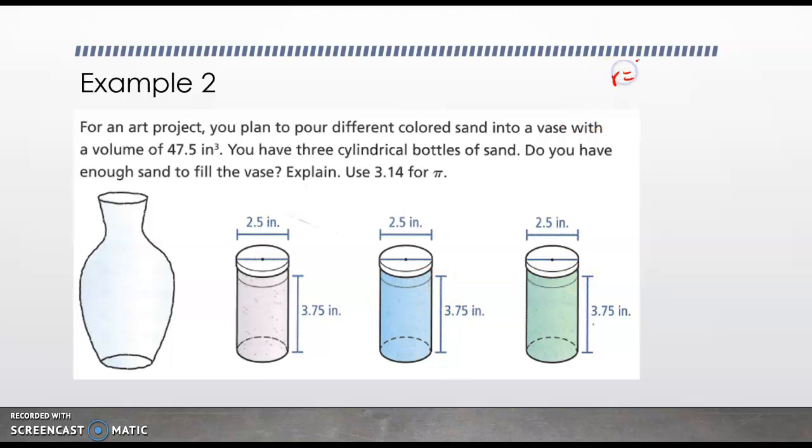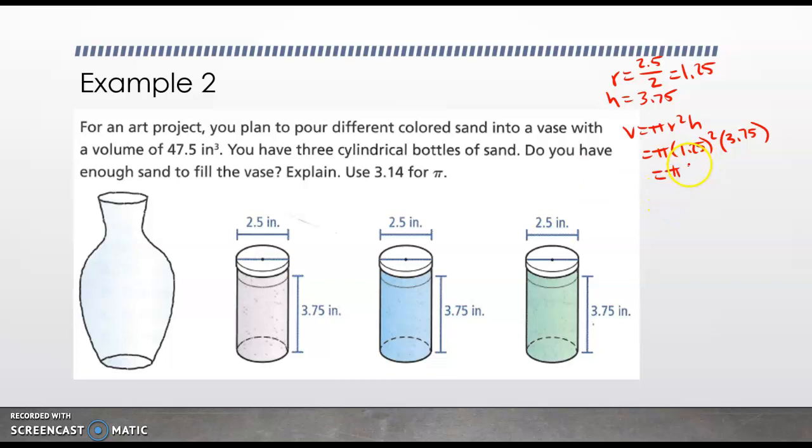Our radius is going to be 1.25 because the diameter is 2.5, divided by 2. And our height is 3.75. So from here we plug in volume equals pi r squared h, so pi times 1.25 squared times 3.75.